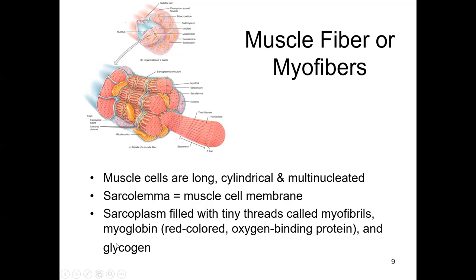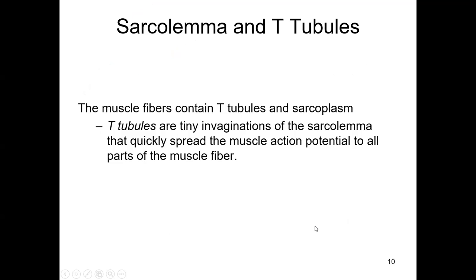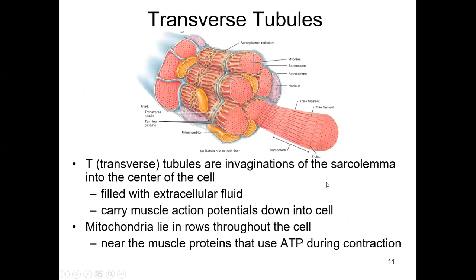We also find this molecule glycogen. We saw this molecule in chapter 2. This is a polymer of glucose. This stores energy for the muscle cell. So when we look at the plasma membrane, unfortunately, these structures weren't modeled on our lab model, but take a look at the true look of the sarcolemma.